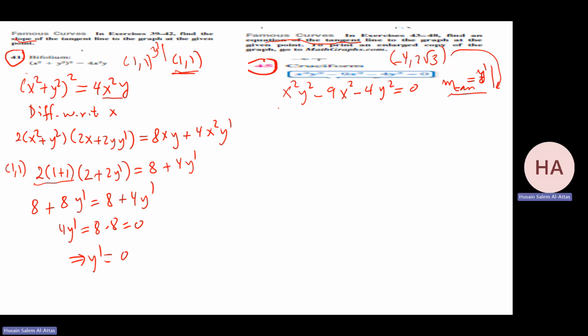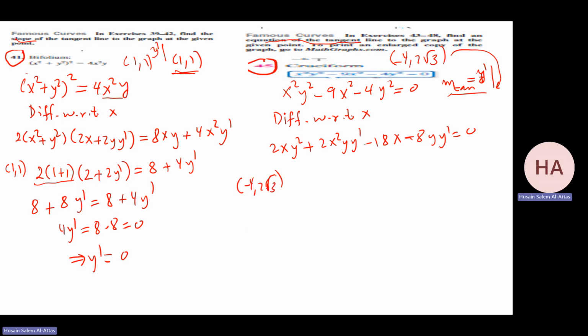So first differentiate with respect to x. What you will get is 2xy squared plus 2x squared y prime minus 18x minus 8y prime equals 0. Put the point.